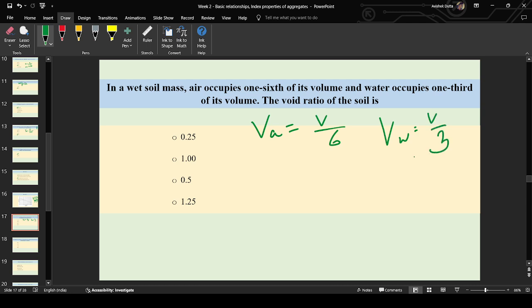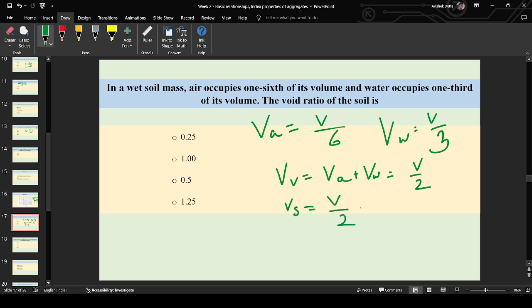So air and water, partially saturated soil. So the volume of voids will be volume of air plus volume of water. I think it will come out to be V by 2. Yes, sir. The volume of void is V by 2. Volume of solids will be again V by 2.